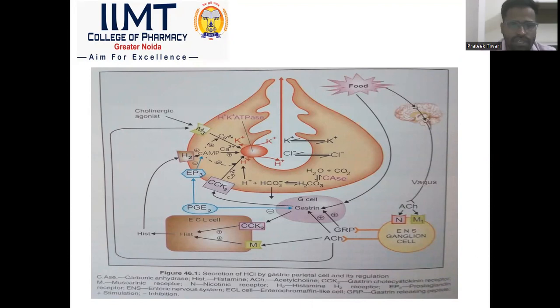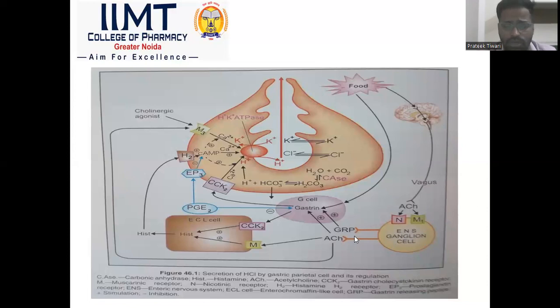Food exerts pressure on the wall of the stomach, and the receptor sends a signal to the PNS. The PNS then releases ACh, and this ACh binds to the nicotinic and muscarinic receptors present on the ganglion cell, which leads to the release of GRP and ACh.